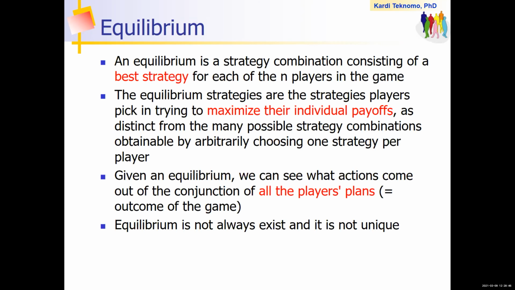So our goal is to find the equilibrium. Okay. Now, equilibrium does not always exist. In game theory, equilibrium does not always exist, and it is also not always unique. One game can have no equilibrium, or can have more than one equilibrium.